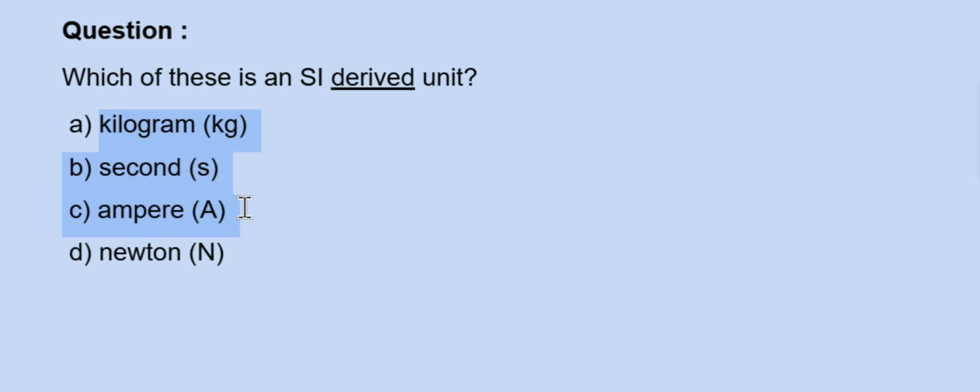You don't have to multiply, add up, or divide any other units to get to A, B, or C, whereas to calculate the newton, there's a specific formula. You have to take other base units and combine them to derive the answer of how many newtons. So the answer for this is D, newton, the derived unit.